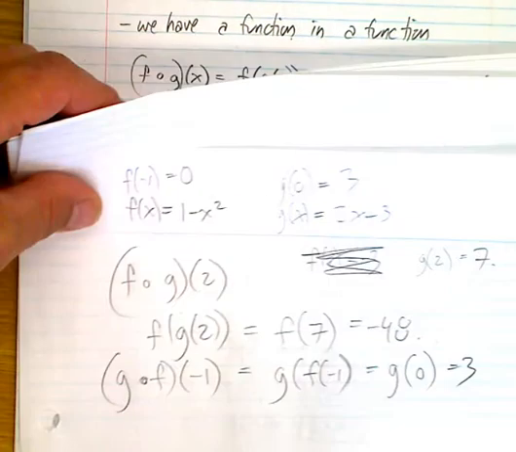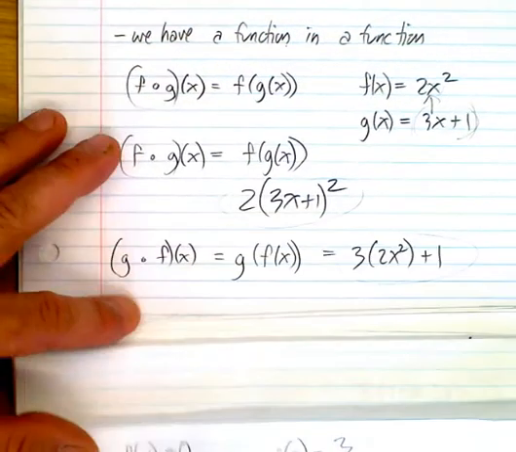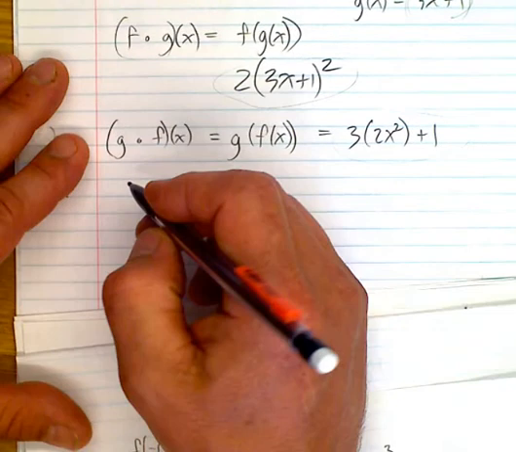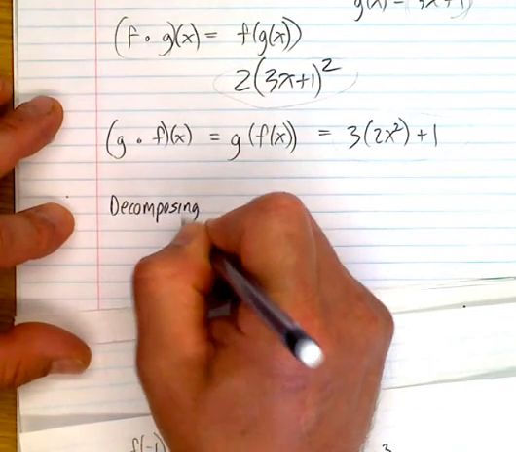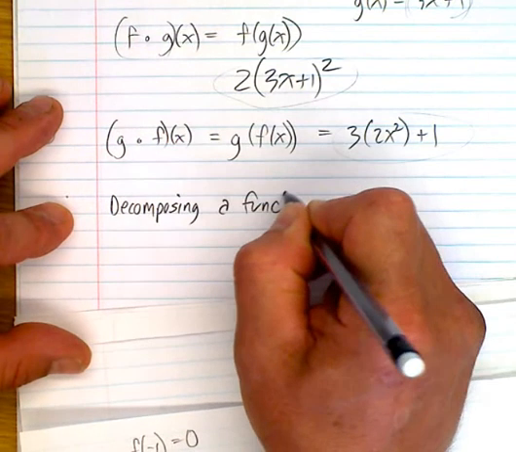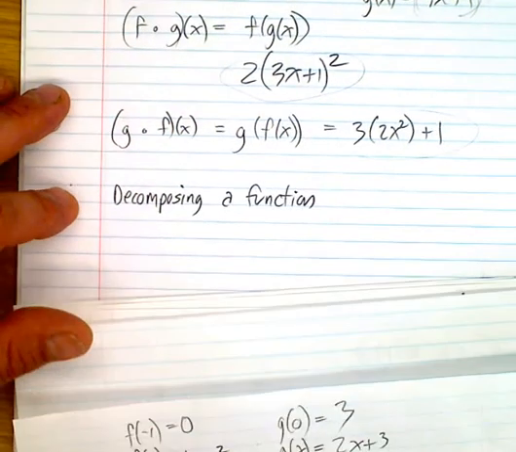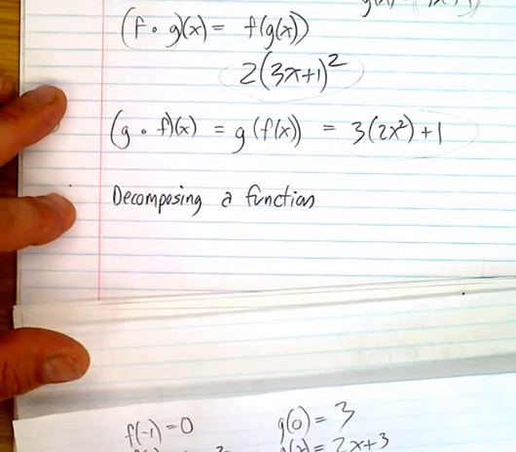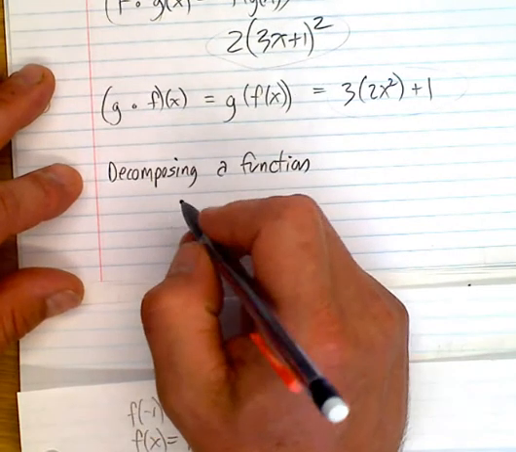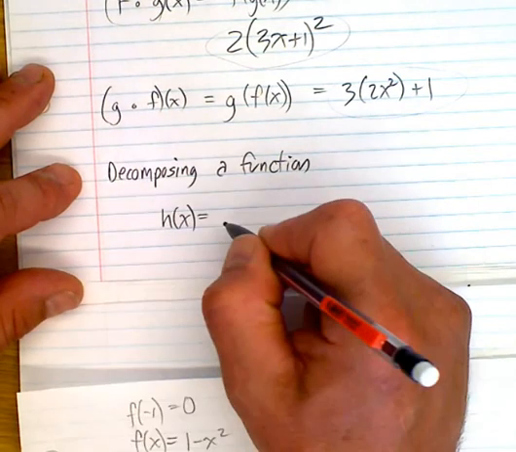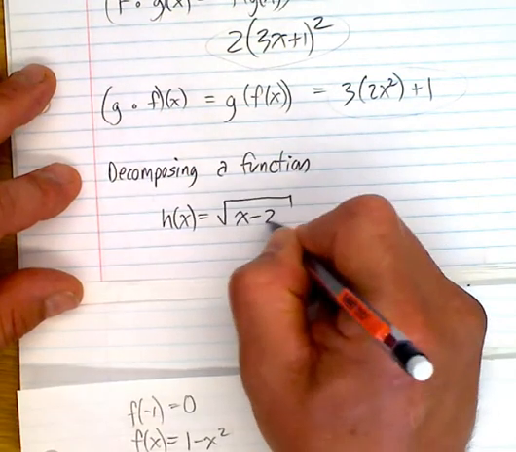What we also have to deal with, though, is a decomposition of functions. Or let's look at decomposing a function. We're actually going to break it down, okay? Now, you might have a situation where you have, let's call it h of x is equal to the square root of x minus 2.